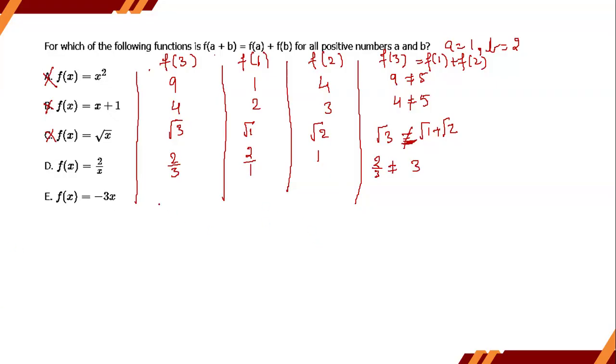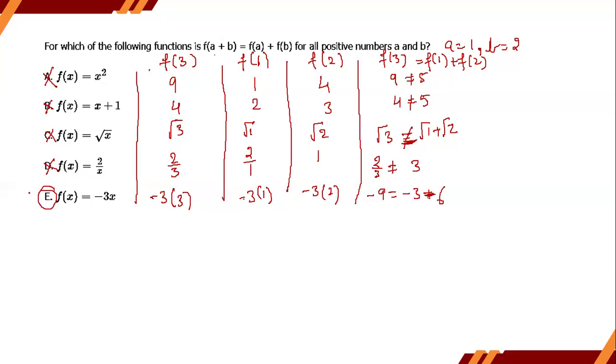All right, let's look at the last one. So here minus 3 times 3, and minus 3 times 1, minus 3 times 2, which gives us minus 9, right? Minus 9 is equal to minus 3 minus 6, right? That is minus 9. So yes, option D is also eliminated and we are left with answer choice E. So hope this is clear.